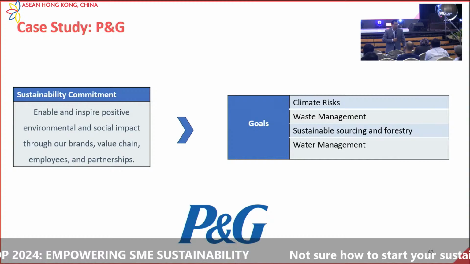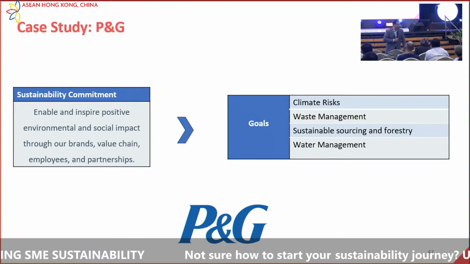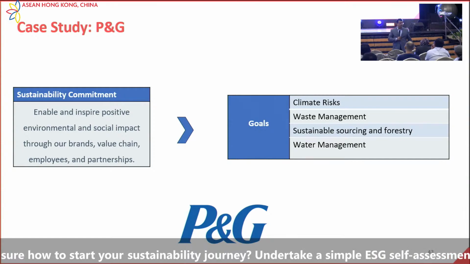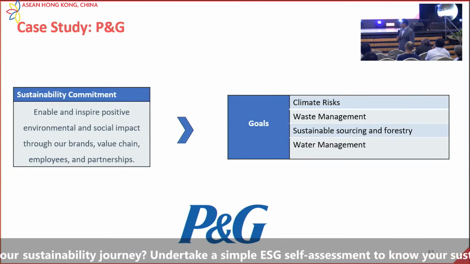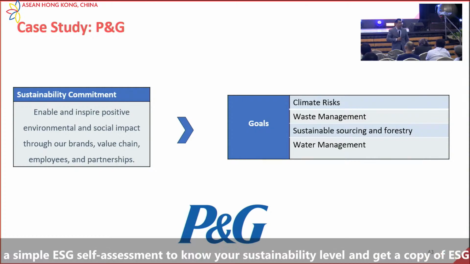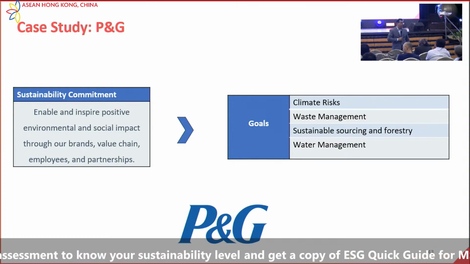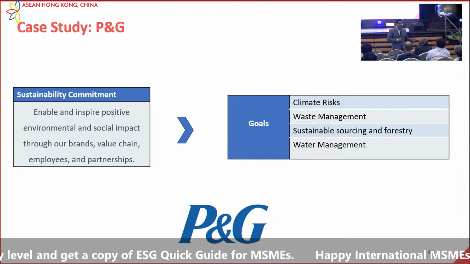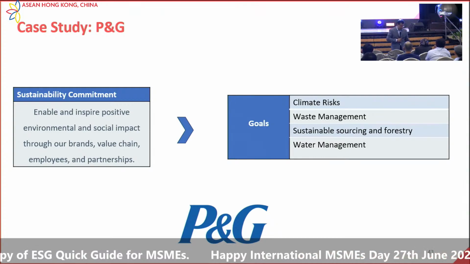No need. So then look at it. Very simple goals: climate risks, waste management, sustainable sourcing, water management. So simple. I mean, true story, I've engaged with hundreds of SMEs.